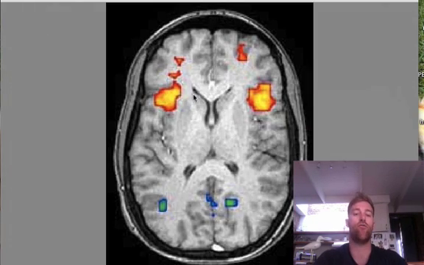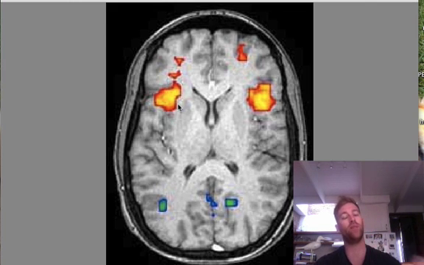Okay, so finally, the functional magnetic resonance imaging tracks the oxygen levels in the brain. Now, what does that mean? Well, of course, your blood carries oxygen around. That's what it does. So the more blood in a specific area, of course, there's going to be more oxygen in that area.